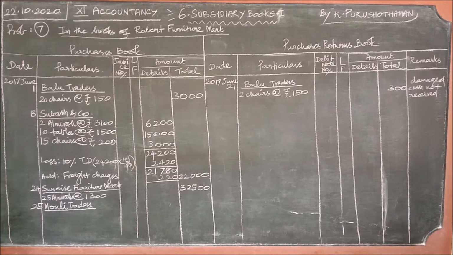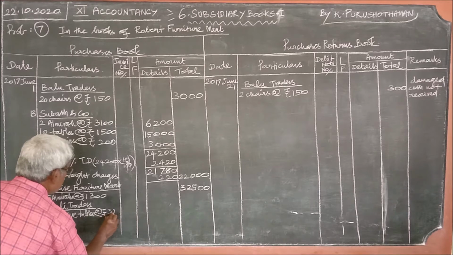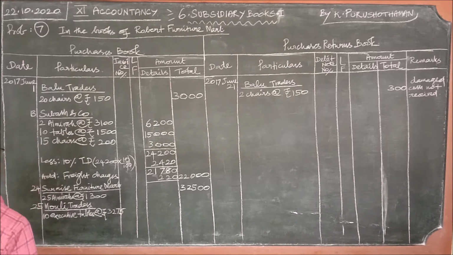What was purchased? 10 executive tables at the rate of rupees 3,275.